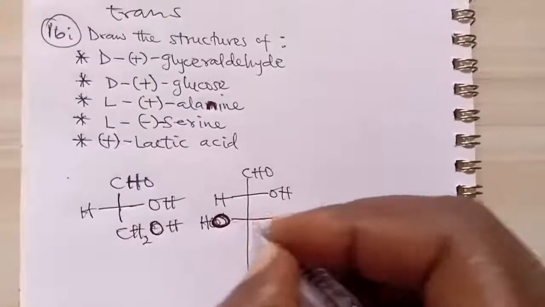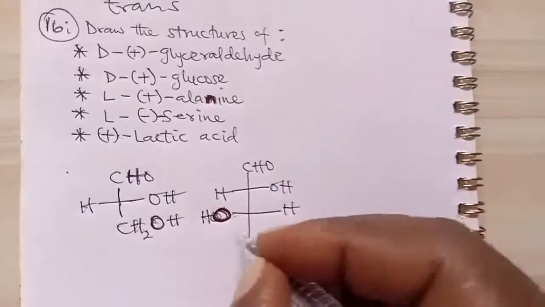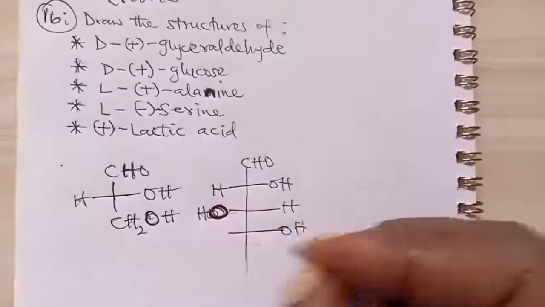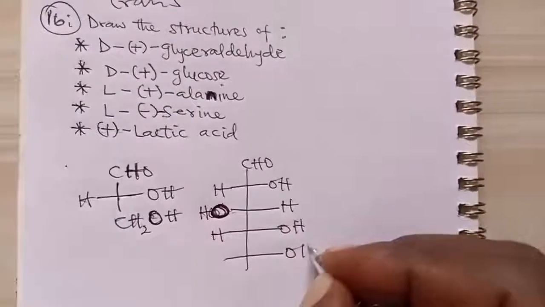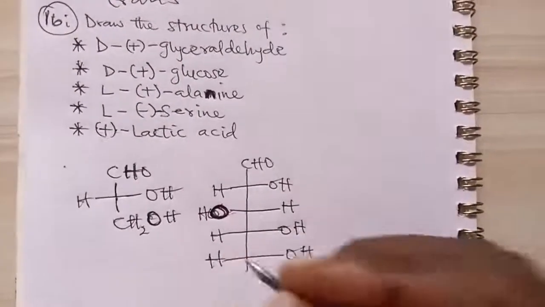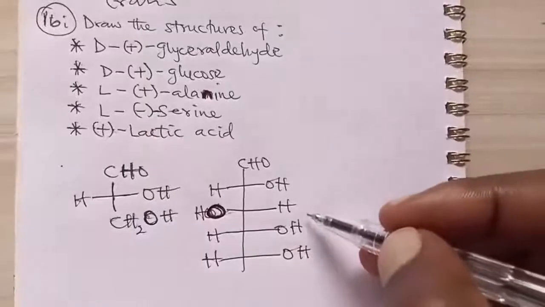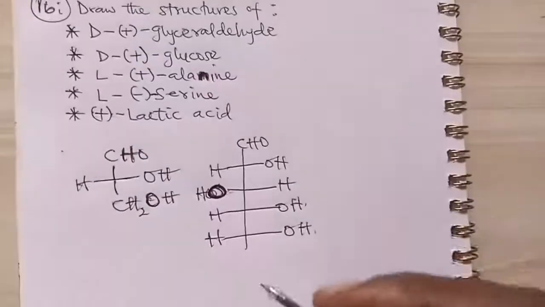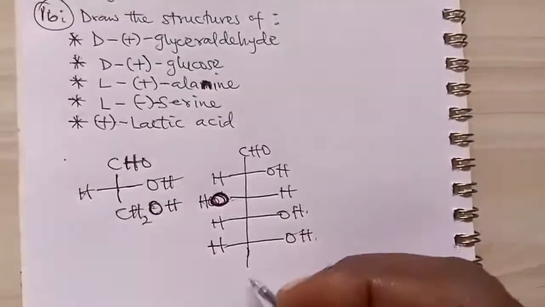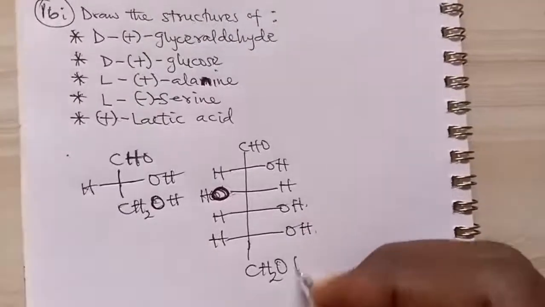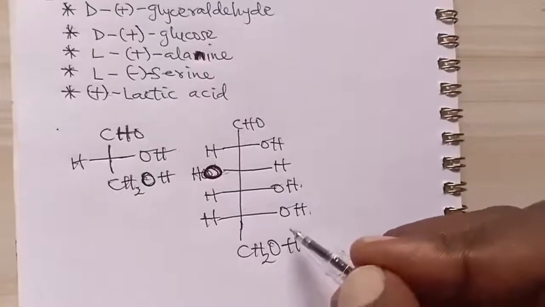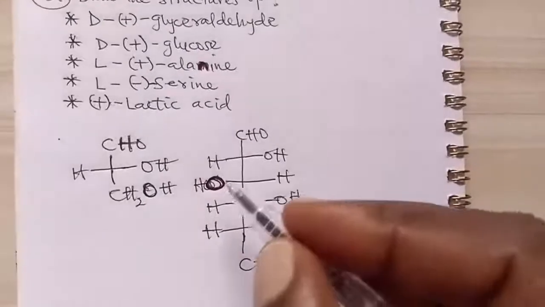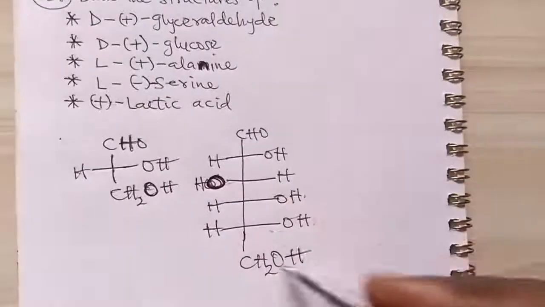Then here we have H, then here we have OH, then H, here we have OH, and here we have H. And then we have 1, 2, 3, so it's complete. Then here we have CH2OH. So this is the structure for D plus glucose.